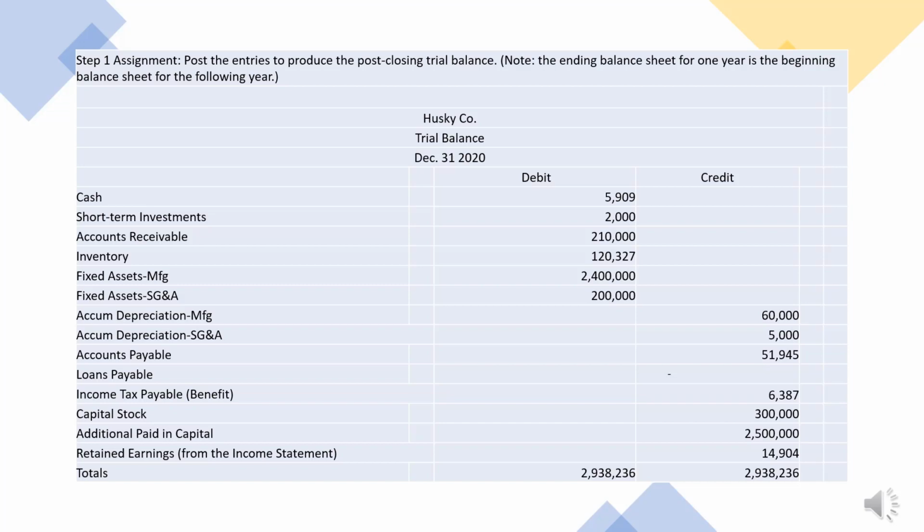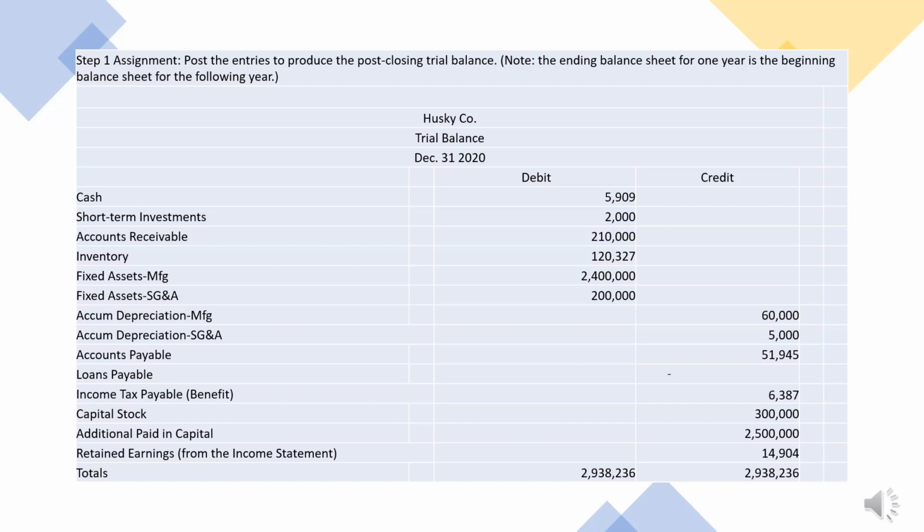I have now accumulated $60,000 worth of accumulated depreciation on my manufacturing equipment, $5,000 on the SG&A equipment. I've got accounts payable of $51,945. I also have income tax payable worth $6,387.